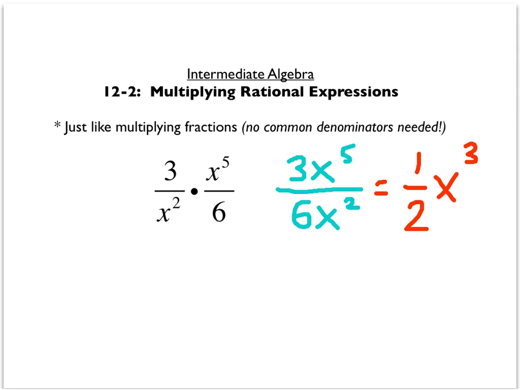Now another method that you can use here, which some of you may prefer, is to actually do your reducing before you multiply. And you can do this as long as things are multiplied and divided. So when I see this 3 and this 6, I can divide by 3, so I have 2 down here. And here's x to the 5th over x squared. Again, in a sense, I'm going to divide by this x squared to get 1 down here.